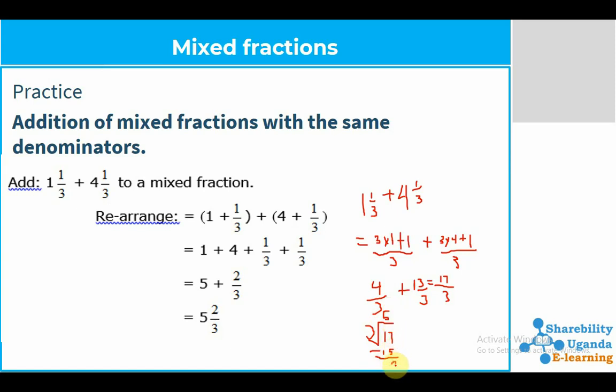We have our 2 here, then here we have a 0. So that means when you divide 17 by 3, we get 5 remainder 2. So we write our 5, then our remainder, which is 2, over 3. So this is how we can still get the same answer as they got it here.